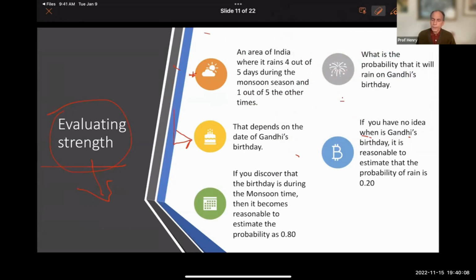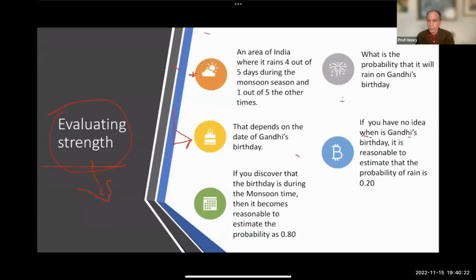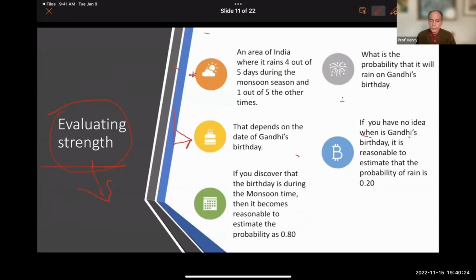Is it the monsoon season? Yes. Okay, it will be 80%. Is it not the monsoon? No. Well, the likelihood is 20%.